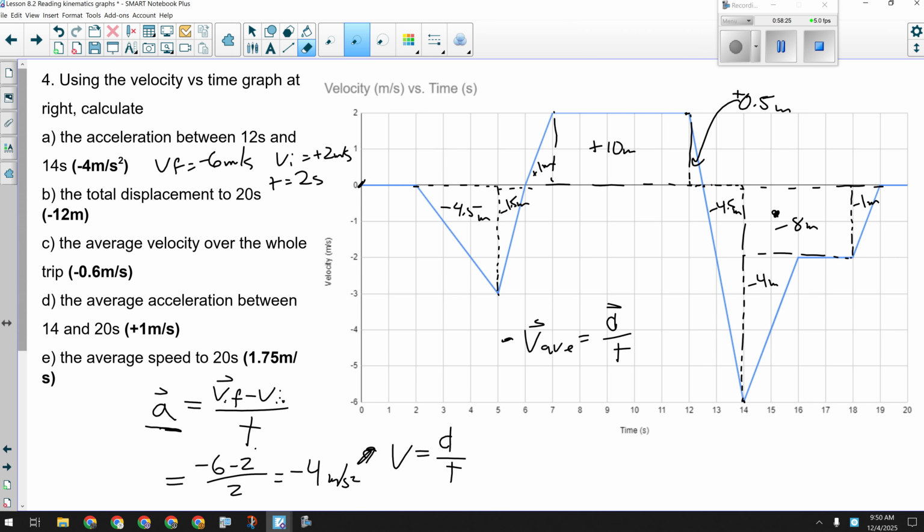You just did all the work to get the total displacement. The total time you can read off the graph, it's 20 seconds. So all we have to do is take our -12 meters divided by 20 seconds. That's -0.6 meters per second as an average velocity.